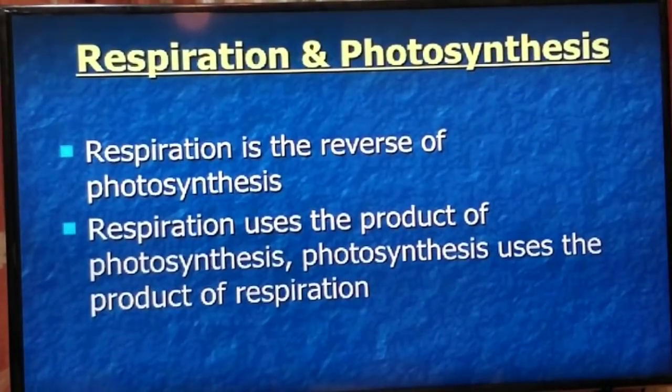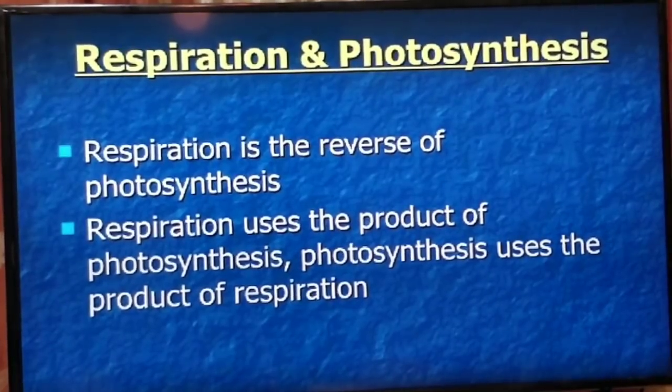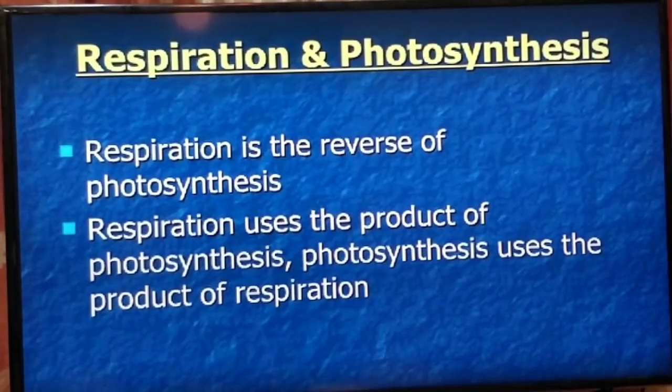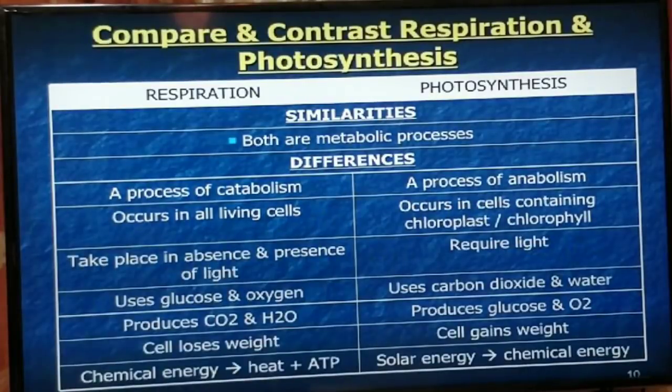Earlier also I told you that the process of respiration and the process of photosynthesis are two opposite reactions. Now what is the similarity between respiration and photosynthesis? The similarity between them is that both are metabolic processes.